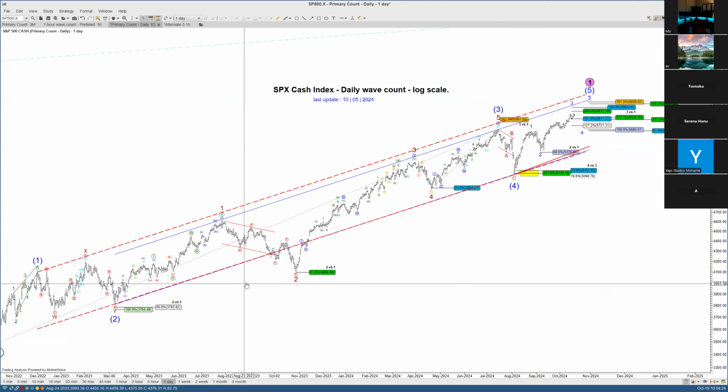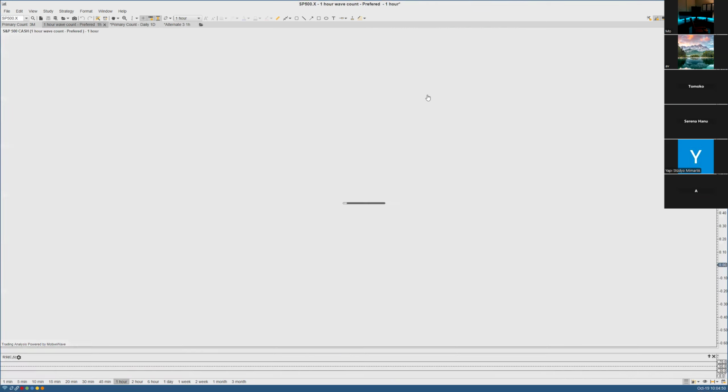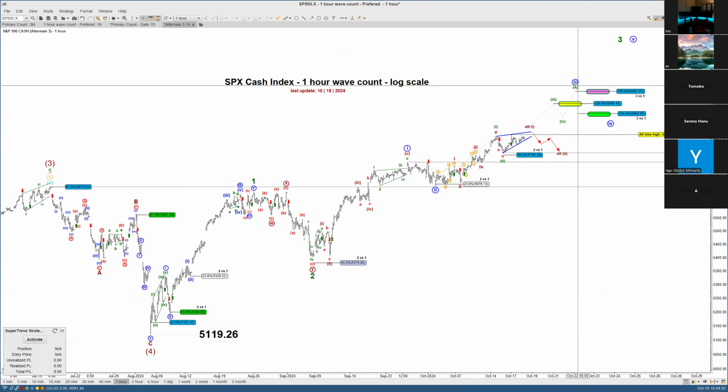So the 1 hour chart that you're looking at, this is what I'm working on from this August low right there, to see if we can count this, get to this 3. This 3 right there is the same 3 here.